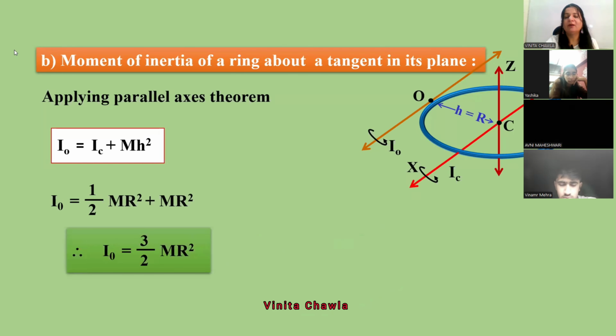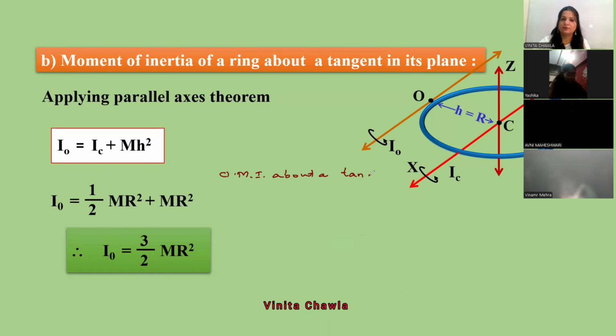देखो, what if I want to find moment of inertia about an axis which is perpendicular to the plane and tangent also. Suppose I want to find, let's consider this point as C, moment of inertia about a tangent perpendicular to the plane. So for this, draw a ring.